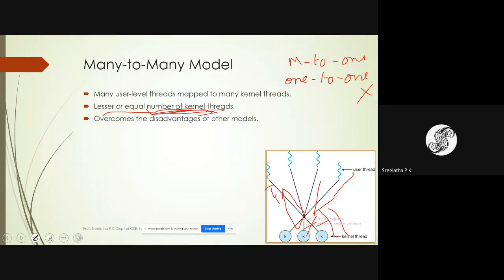How is that? Only if required, the kernel threads are created, and it will always be less than or equal to the number of user threads. In this diagram also you can see it is less than the number of user threads.